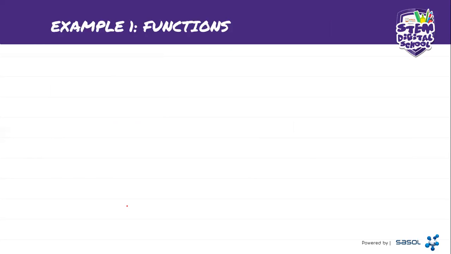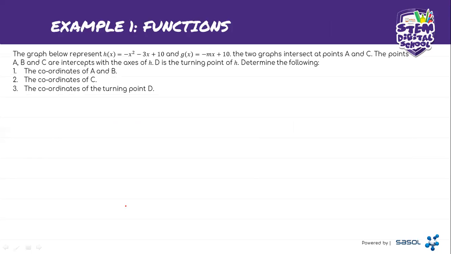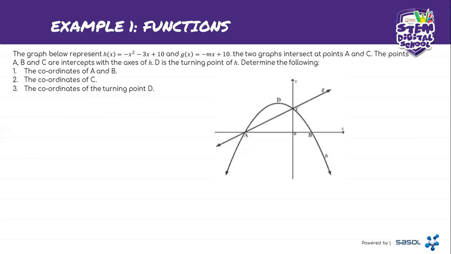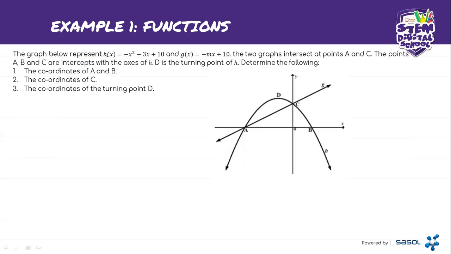Let us take one example of a function. The graph below represents h of x equals negative x squared, negative 3x plus 10, and g of x equals negative mx plus 10.